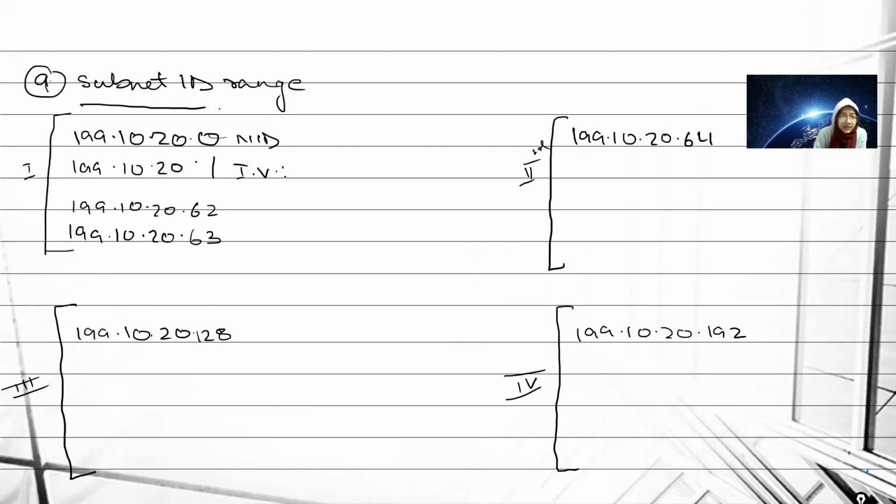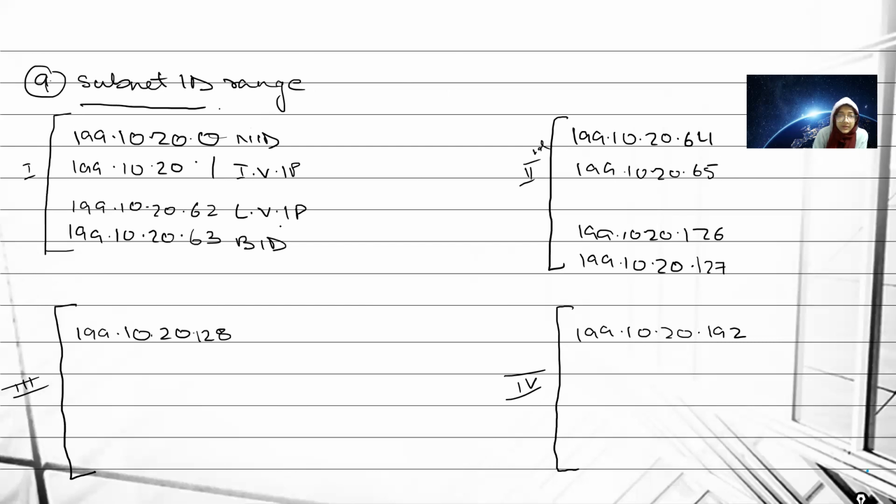NID, first valid IP, last valid IP, and then BID. Next, 199.10.20.65. 199.10.20.127, one less than 128. 199.10.20.126 will be our last valid IP.